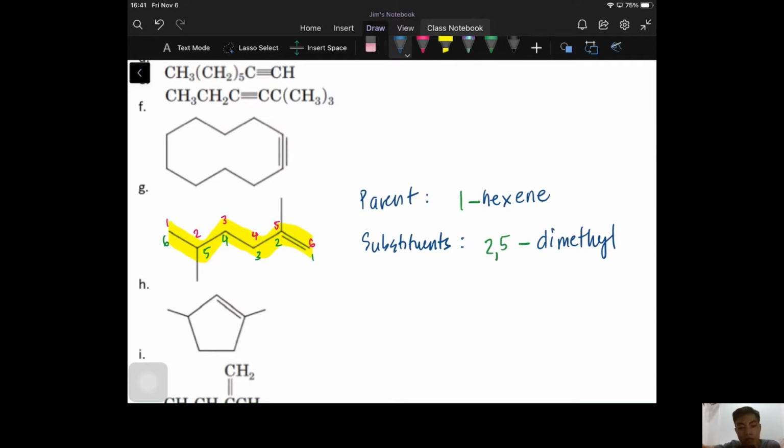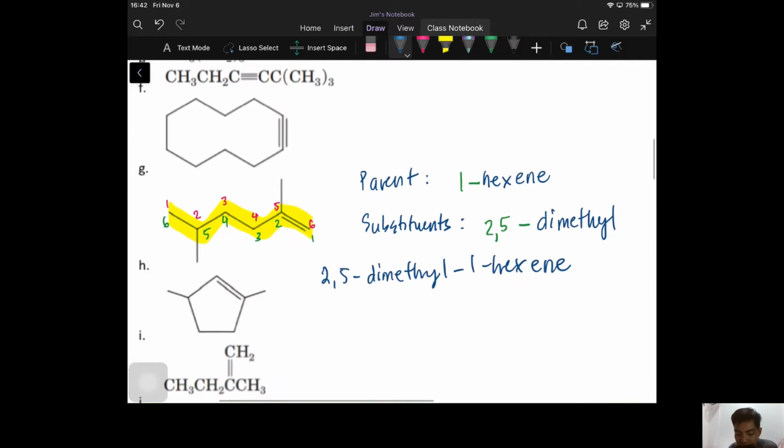Okay? So ano yung magiging complete name niya? Its complete name will be 2, 5-dimethyl-1-hexene. Okay? So ganun lang. 2, 5-dimethyl-1-hexene.